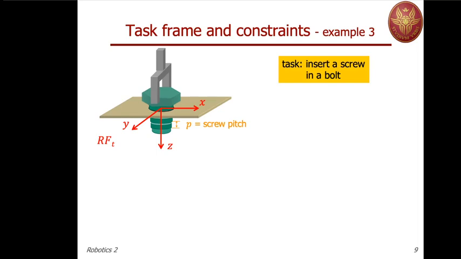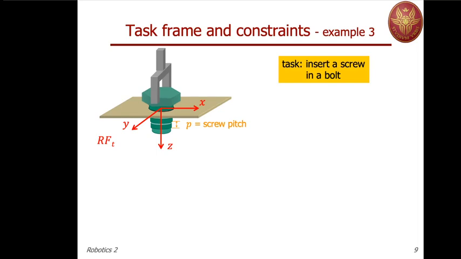So again, there's no robot here. There's only a gripper holding the screw from the top. And we are already imagining that we have started the insertion, so that the type of contacts and interaction can be characterized by a reference frame, which is the red one now, with the z-axis pointing downward or upward would be exactly the same. So it's still a right-handed reference frame.